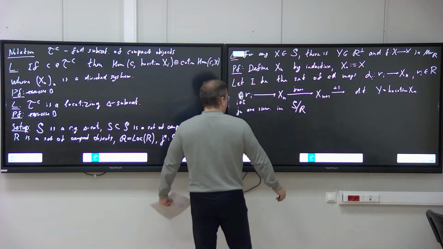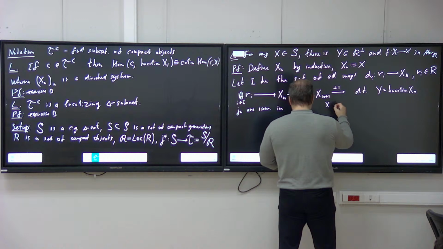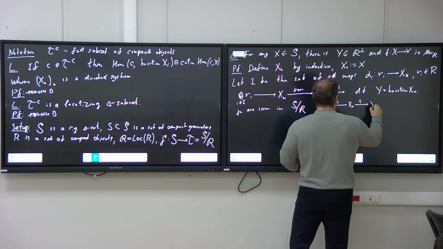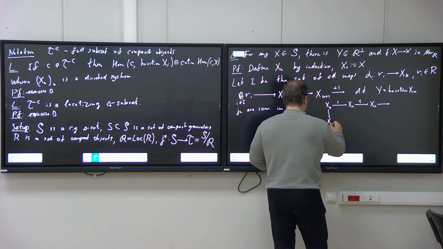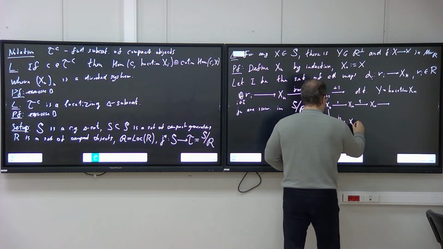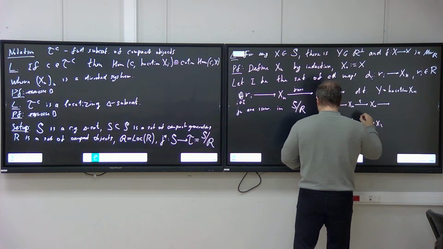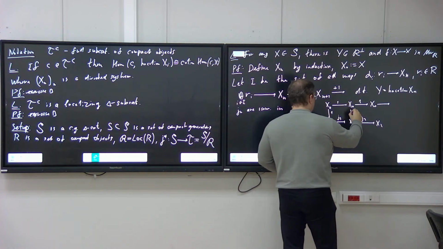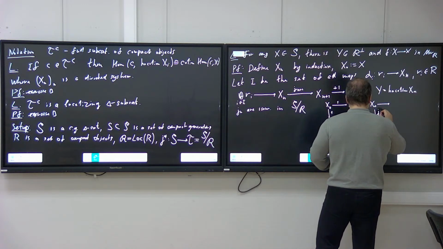And then you have kind of very simple observation that you have two directed systems. One directed system is just you have x0 identity, x0 identity, x0, etc. Then the other directed system is x0, j1 to the x1, then there is j2 to the x2, etc. So here the first map from one directed system to another is identity, the second map is j1, and the third map is the composition of the j2 and j1, etc.